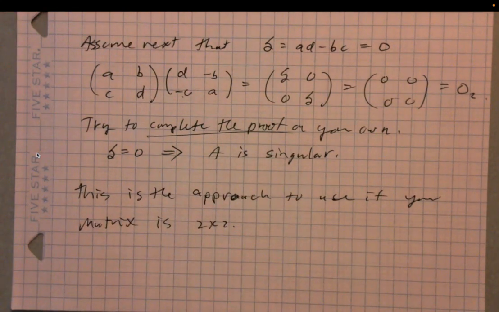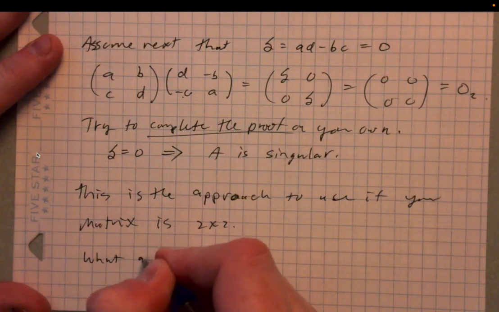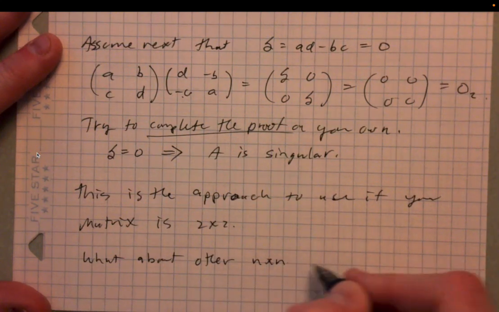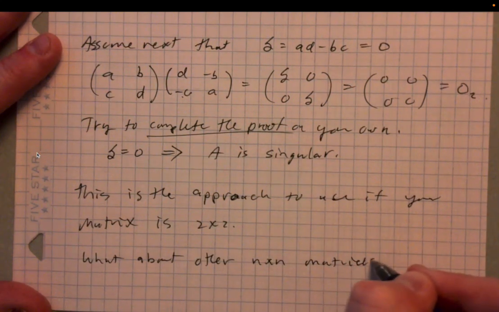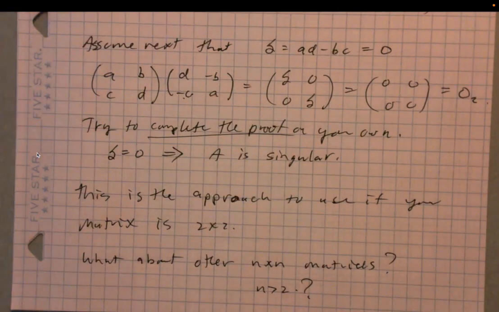What about other dimensions? What about other n by n matrices, n greater than 2? How do we find the inverse matrix for matrices with higher dimensions?